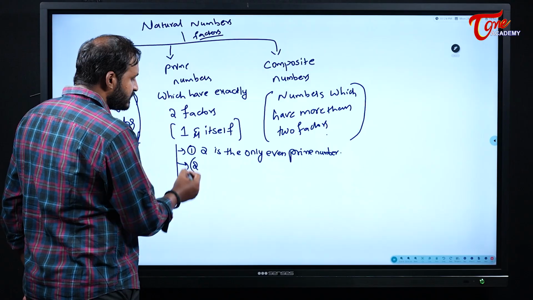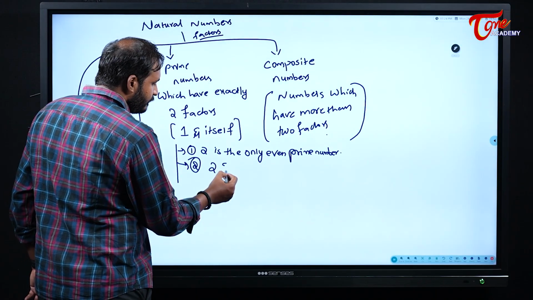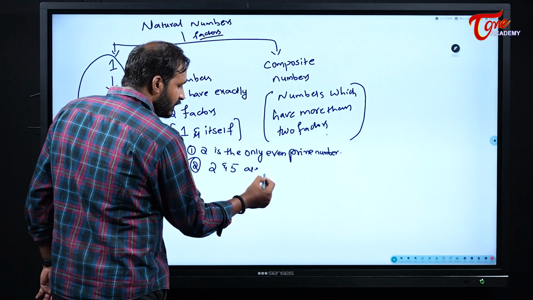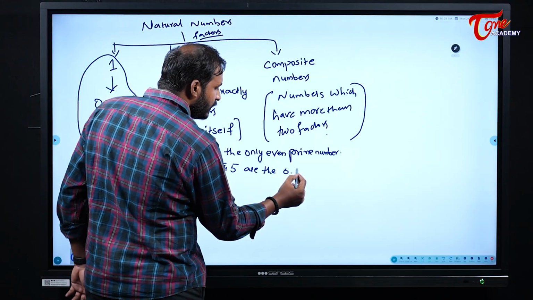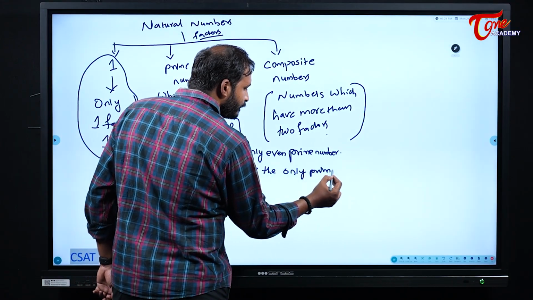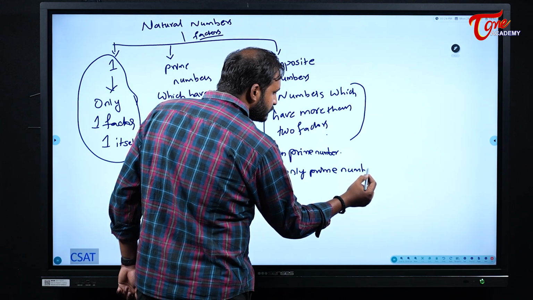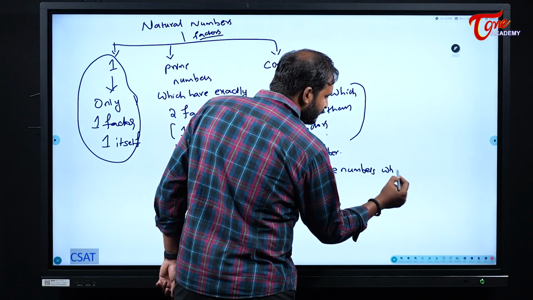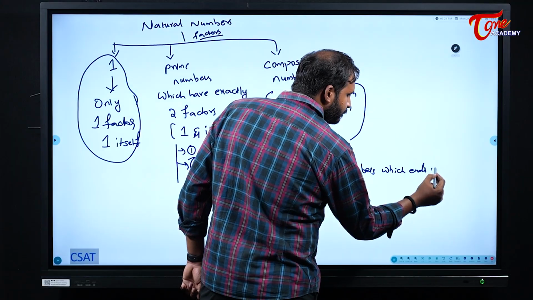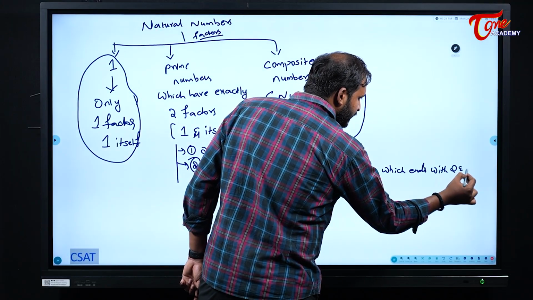Next, the second point: 2 and 5 are the only prime numbers which end with 2 and 5 respectively.